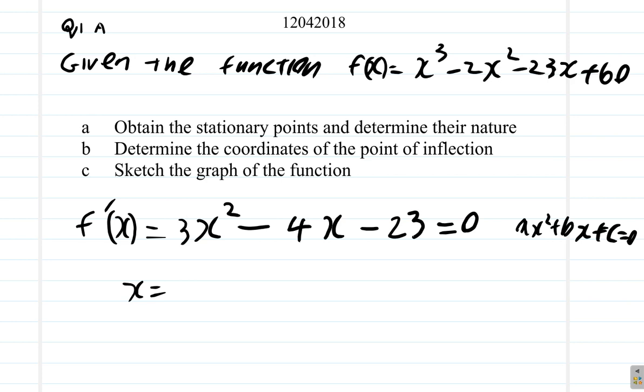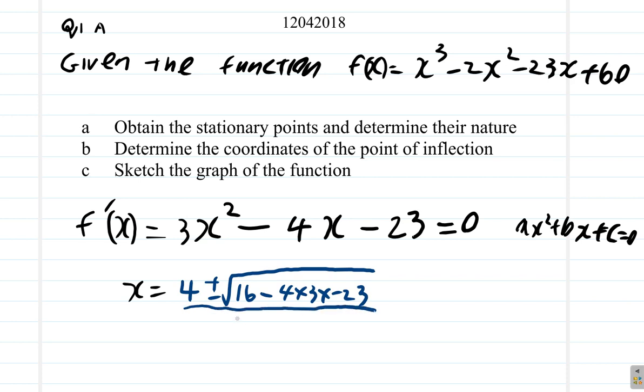Now, in this case, you have negative b, but b is negative 4, so it's a positive 4 here, plus or minus the square root of b squared, which is negative 4 squared, which is 16, minus 4 times a times c, which is 4 by 3 times negative 23, all over 2a. A is 3, so it's 2 times 3.